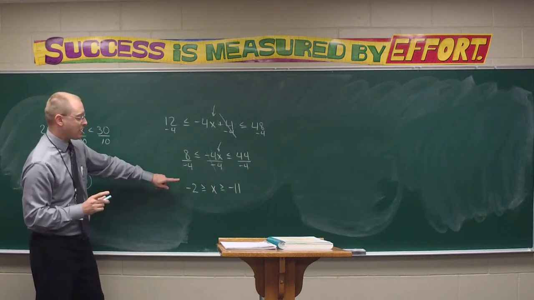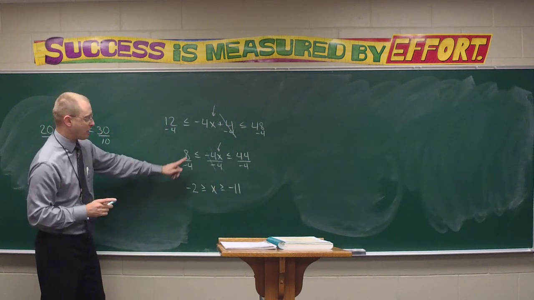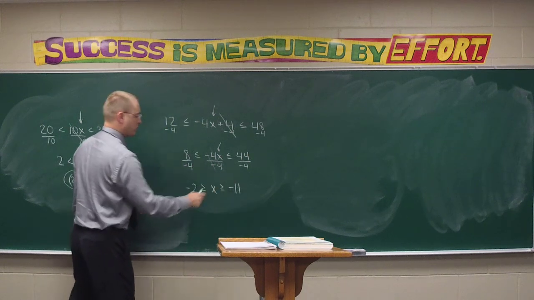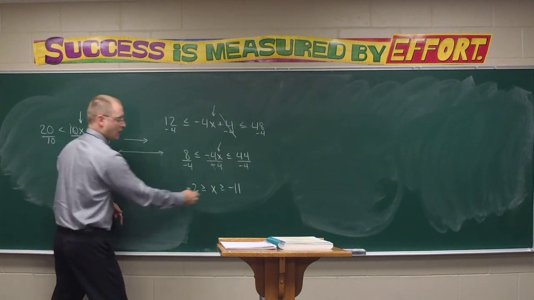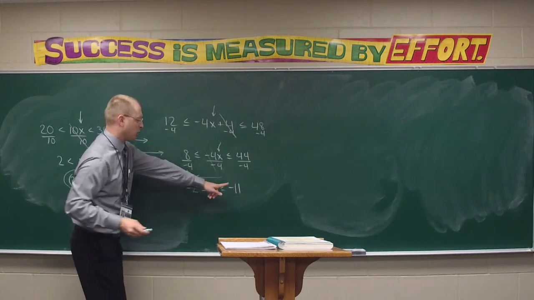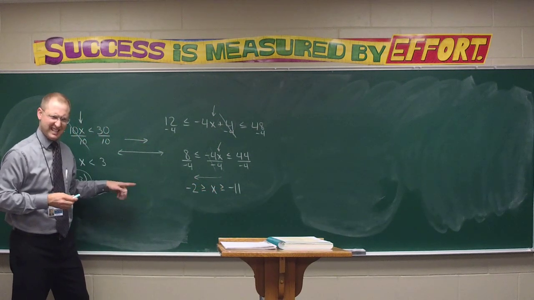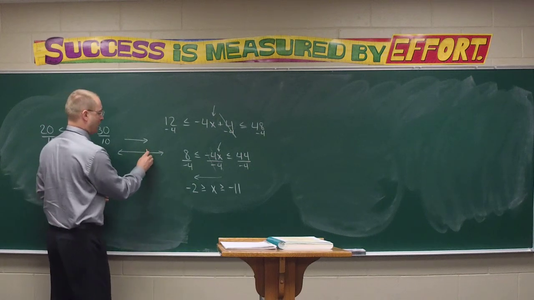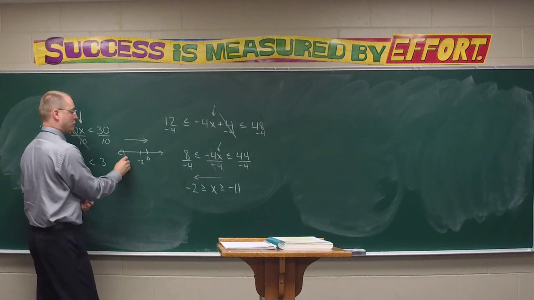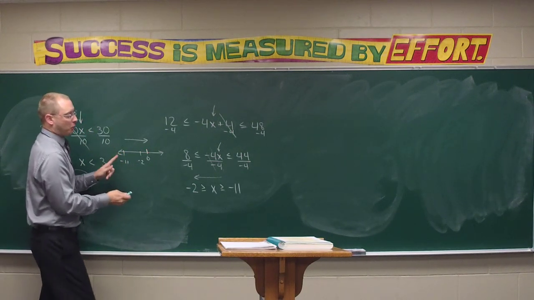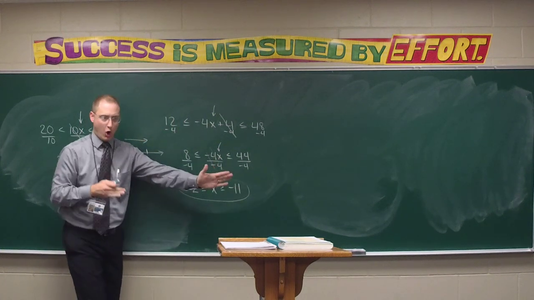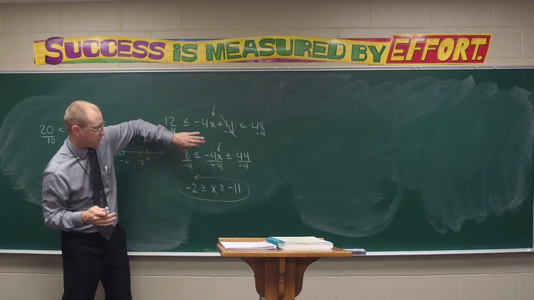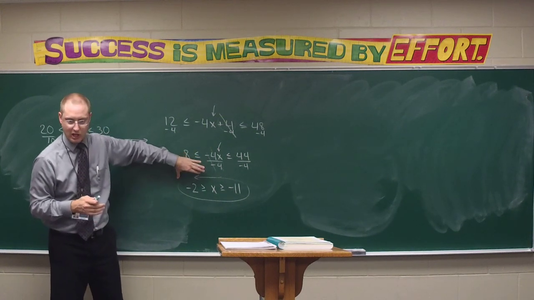The problem is you cannot leave your answer like this. You cannot leave greater than or equal to, because on the number line, numbers get bigger as they go this way. The signs open almost make it look like the numbers are getting bigger this way. That's not logically sound, right? Here's 0, here's negative 2, here's negative 11 down here. So what we're going to have to do is to flip the entire inequality around, almost as if you're picturing yourself on the other side of this chalkboard and somehow seeing through it, like a glass board.